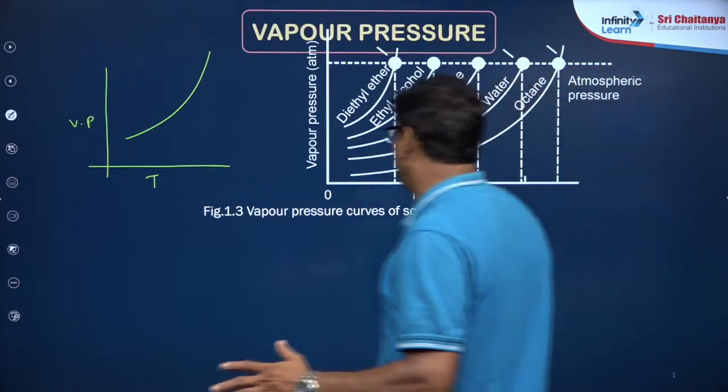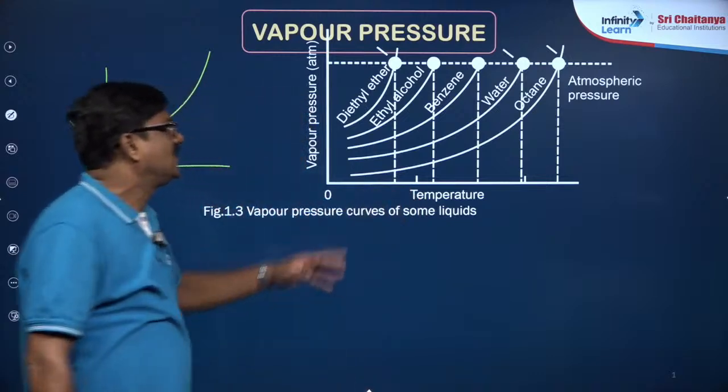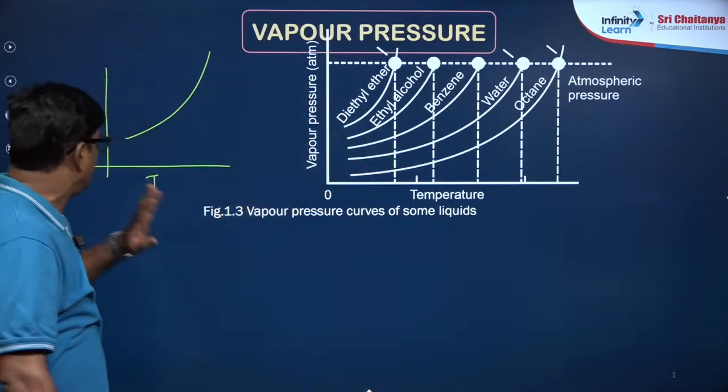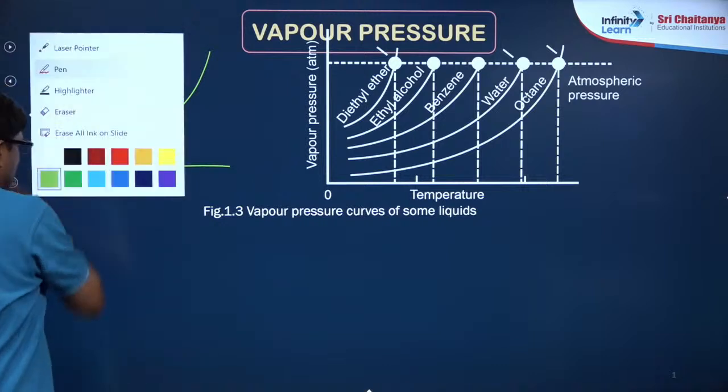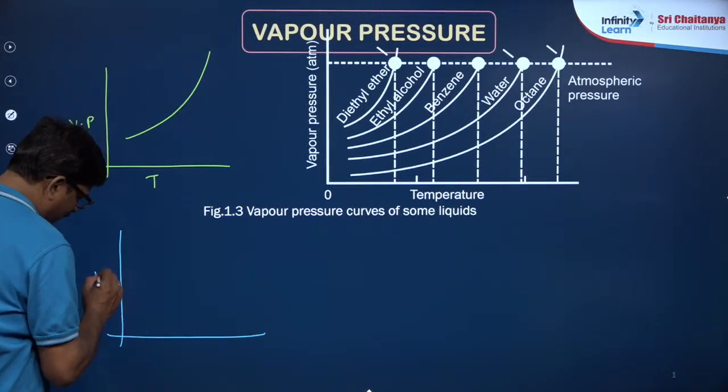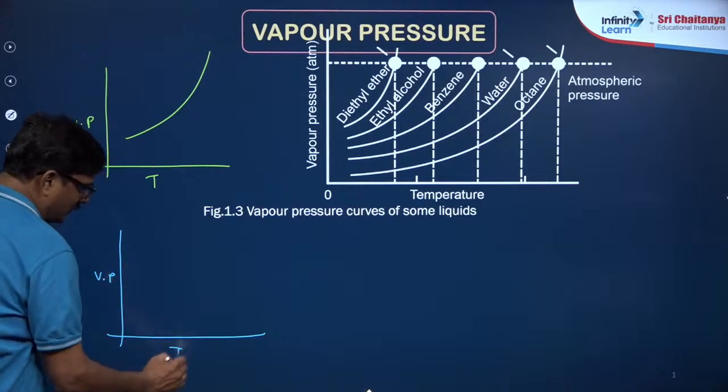So we have seen various vapor pressure versus temperature curves. In other words, they are related to intermolecular forces, vapor pressure and temperature.